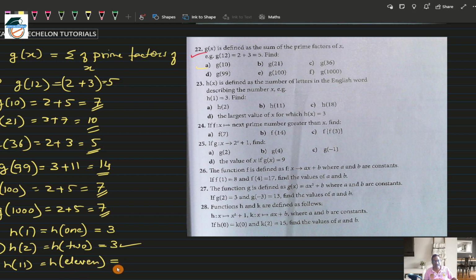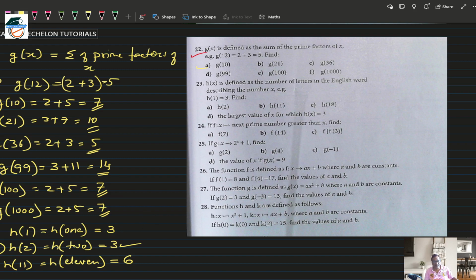Yes, 6 letters. So h of 11 has to be 6. And repetition is allowed, I suppose. So it is just the total number of letters you have to count and write over here. ELEVEN has 6 letters. So you will write h of 11 equal to 6, right?